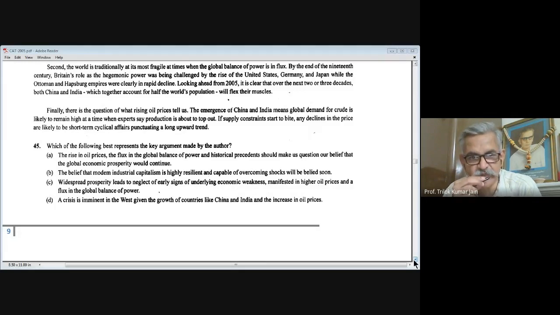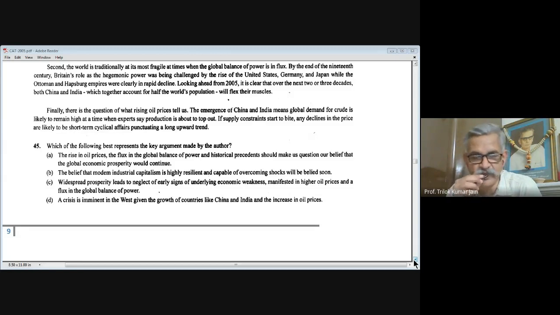Third: widespread prosperity leads to neglect of early signs of underlying economic weakness manifested in higher oil prices and a flux in the global balance of power. And last, D: a crisis is imminent in the West given the growth of countries like India and China and the increase in the oil prices.